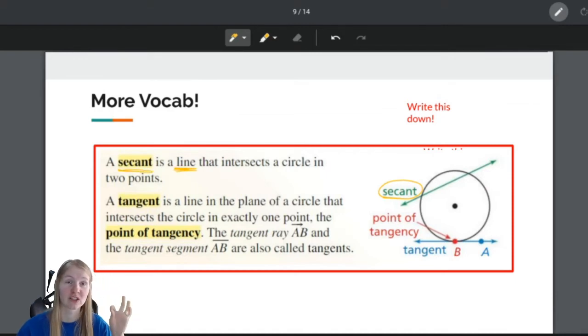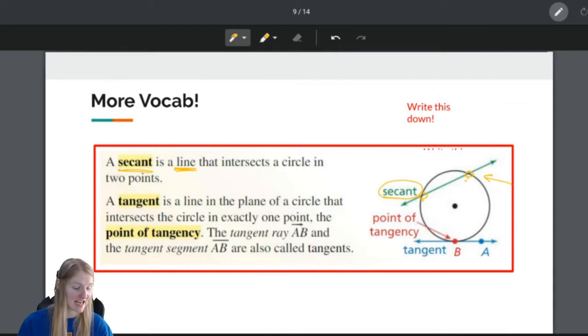Chord is a segment, secant is a line. They look very similar. The only thing that is different is that a chord has endpoints on the outside of the circle, and a secant is a line that intersects the circle in 2 places.